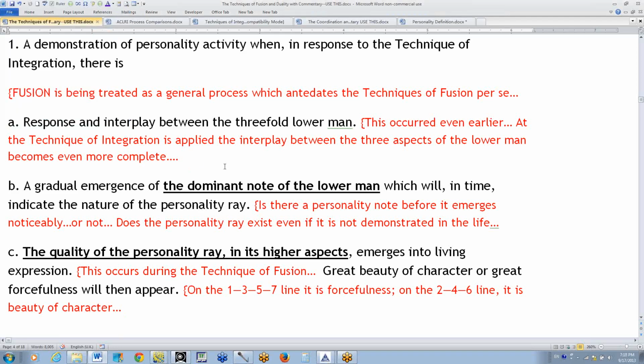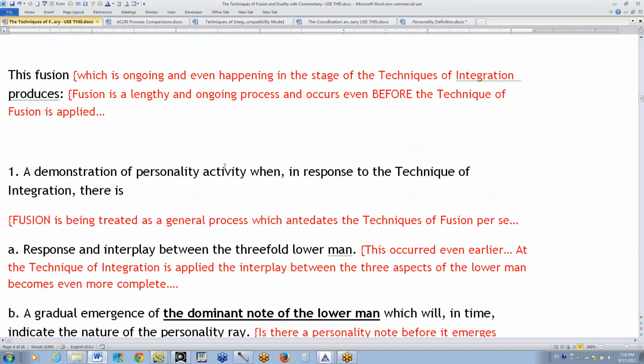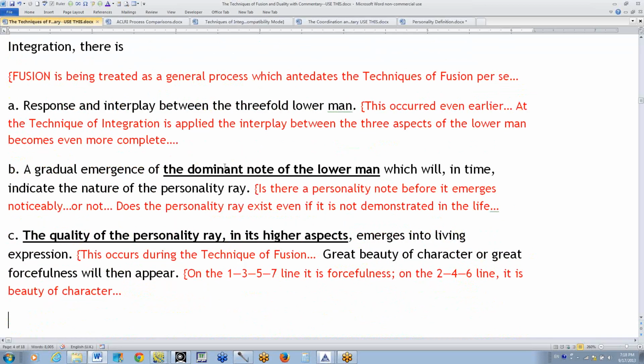So what we have here, a demonstration of personality activity in fusion. This fusion will produce a demonstration of personality activity in response to the technique of integration, and in response to the technique of integration, these are the things that happen. The threefold lower man is interplaying. The note of the threefold lower man is emerging, and then the higher aspects of that note emerge. Okay.